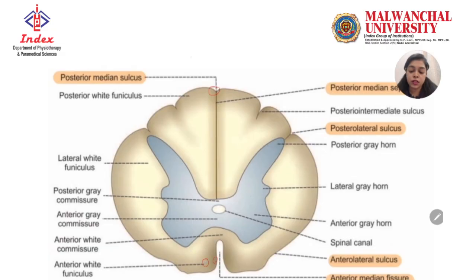Then comes here anterior white commissure, and here it is posterior grey commissure. Then comes anterior grey commissure, this is lateral white funiculus, posterior white funiculus, posterior median septum, posterior intermediate sulcus, posterolateral sulcus, posterior grey horn, lateral grey horn, and all these structures in spinal cord.